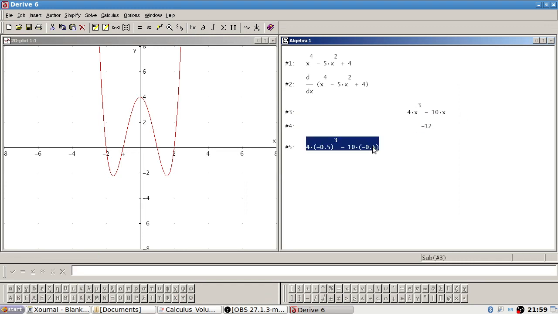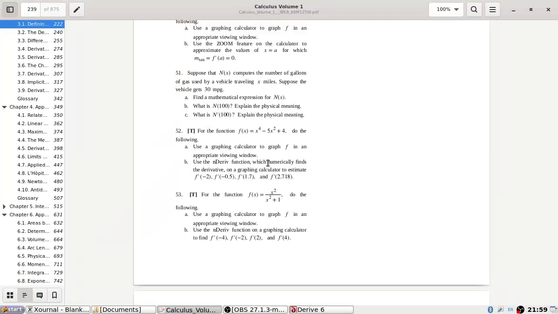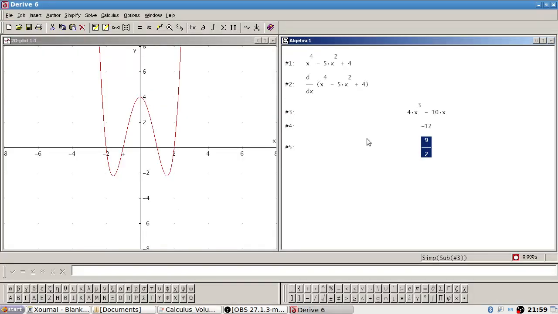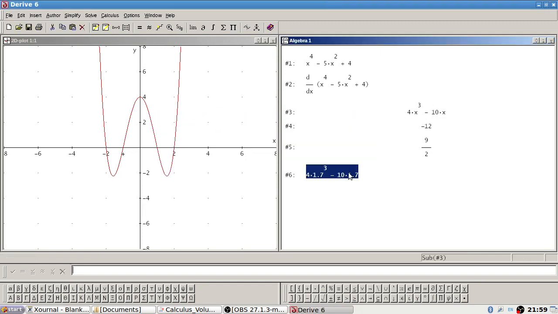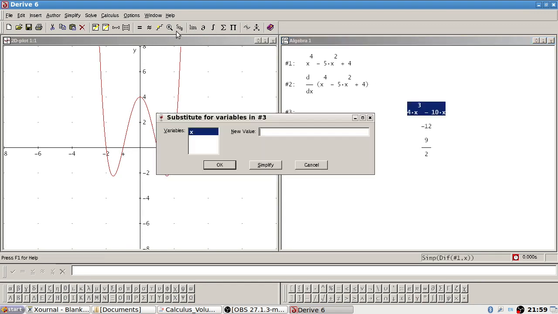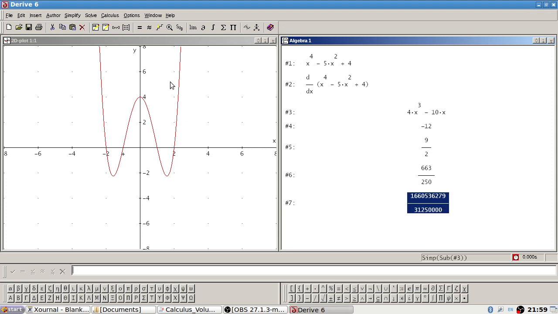Hang on. Minus 2. Minus a half. 1.7 and 2.718. Keep forgetting to hit the simplify button. 1.7 and 2.718. Okay, maybe we should approximate these.